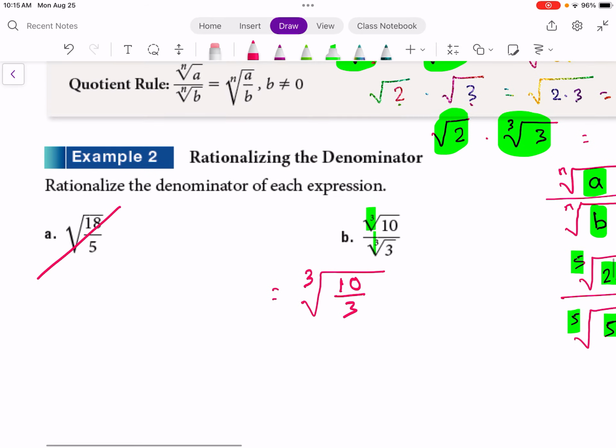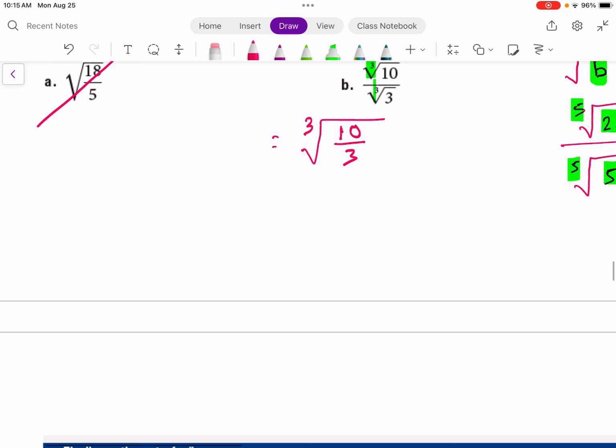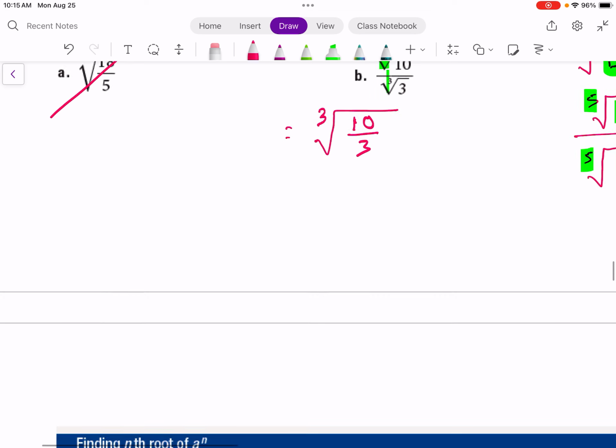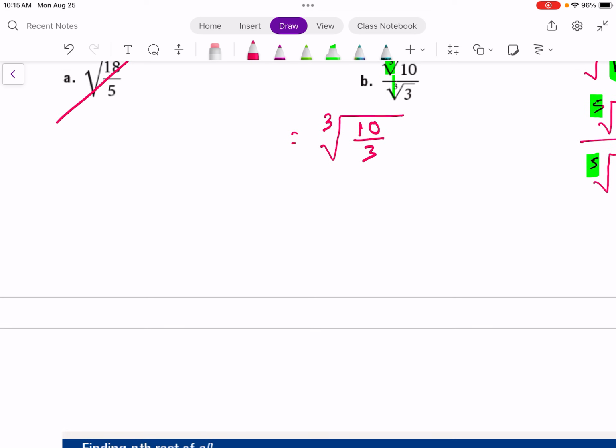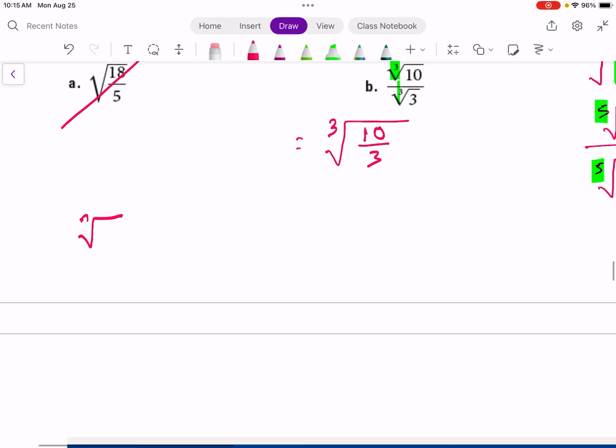If we are adding or subtracting, we have to have like terms, right? Let's say we have the nth root of a and the nth root of b.